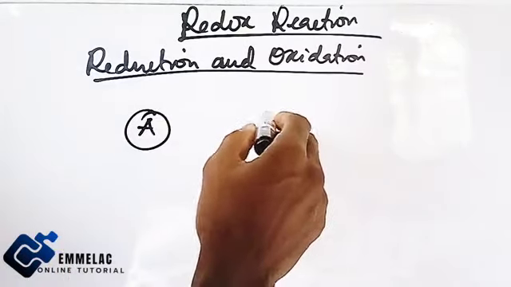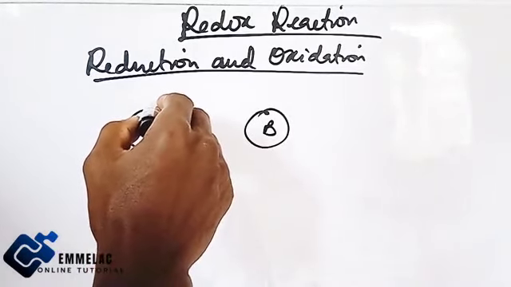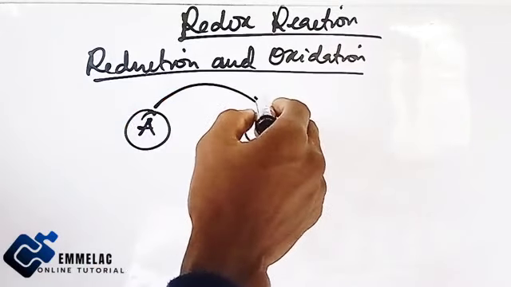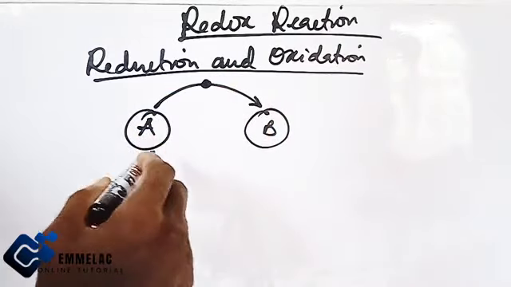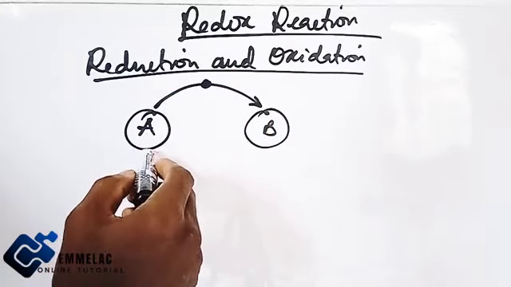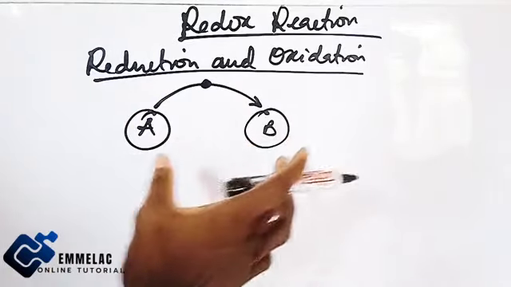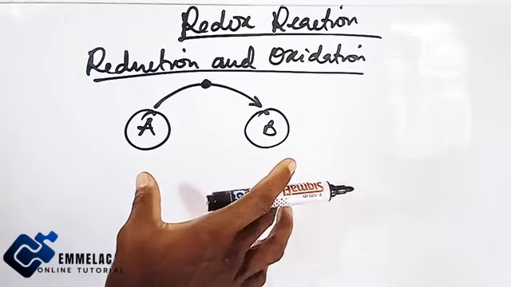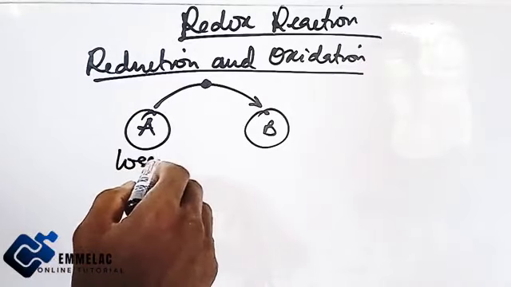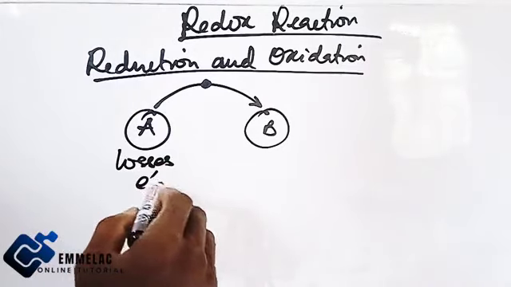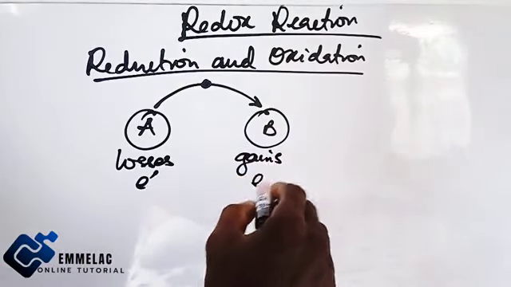This is element A and this is element B. There is a transfer of an electron from A to B, which means an electron leaves A and gets to B. In a nutshell, using this as an illustration, A loses an electron and B gains an electron.